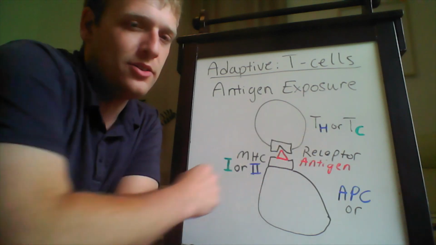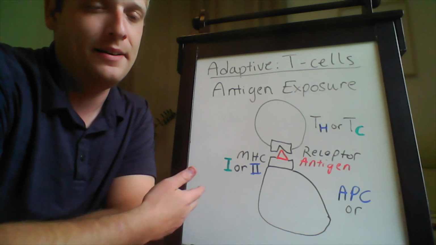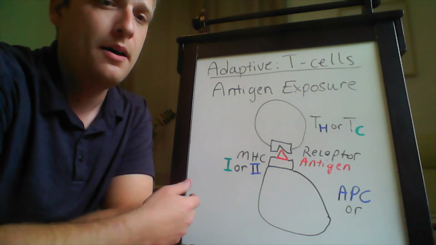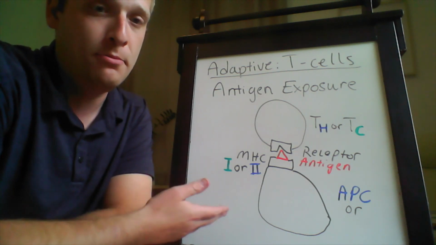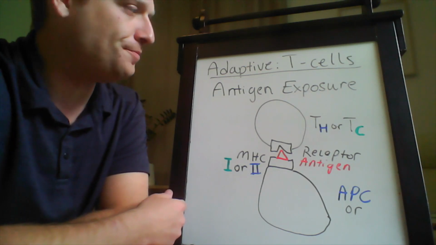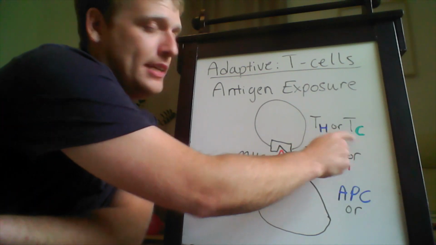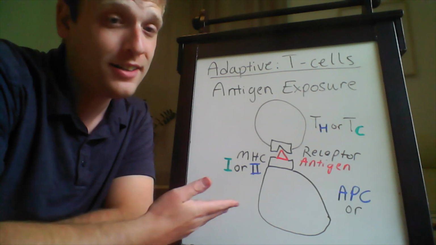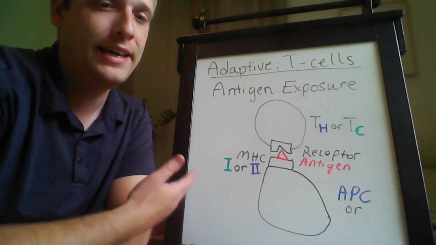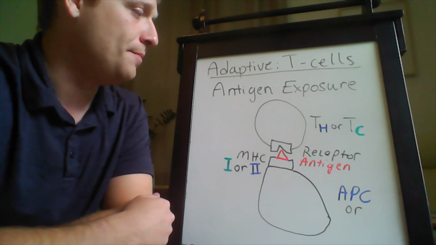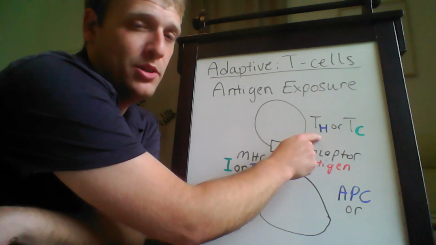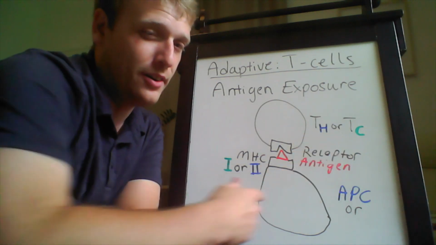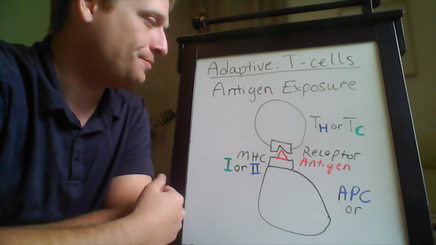So these T cells don't have a direct effect of killing pathogens, but they do stimulate the other parts of the immune system to mount a defense. And the other type of T cell are the cytotoxic T cells, which means they are toxic to other cells. They directly kill other cells. So helper cells stimulate the immune response by activating other cells, and the cytotoxic cells are themselves the killer.